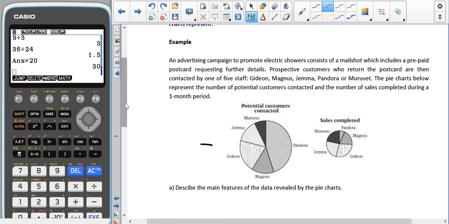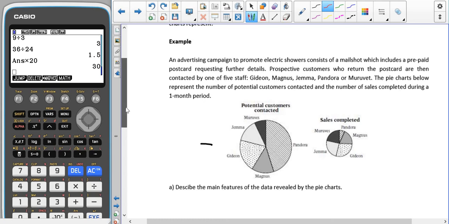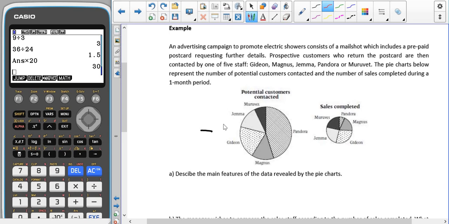So we've got Gideon, Magnus, Gemma, Pandora and Mervet. The pie charts below represent the number of potential customers contacted and the number of sales completed during a 1-month period. So you can see here that this is the number of people contacted and this is the number of sales made.